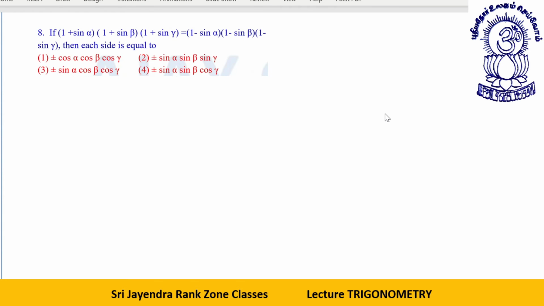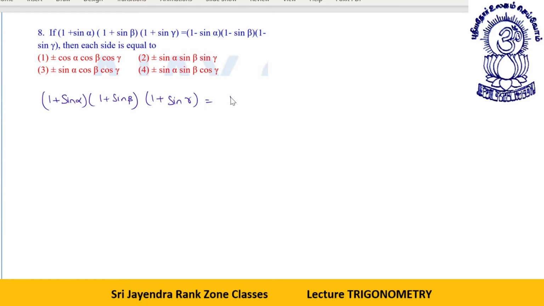Oh, this is a very, very beautiful question now in front of you. Look, we have 1 plus sine alpha, then 1 plus sine beta, then 1 plus sine gamma.